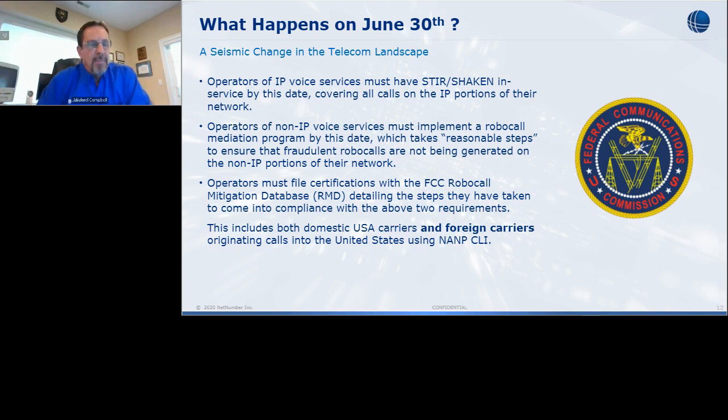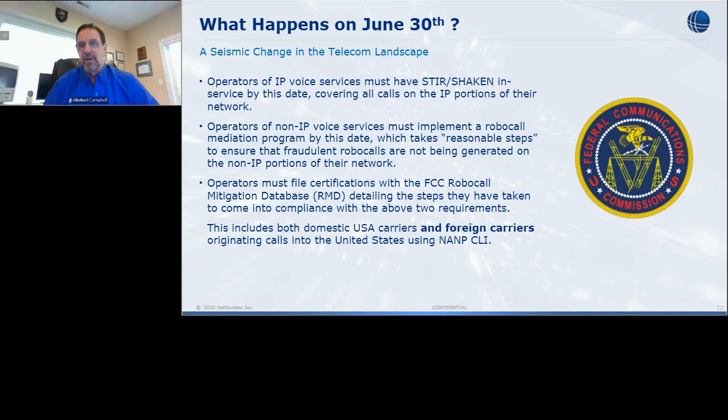Now, what's really important here is that if I add just a little bit of color to this, what they've said is that any incoming call to your network that is using North American Number Plan resources or a North American Number Plan CLI will only be accepted if the carrier presenting that call is in the robocall mitigation database.